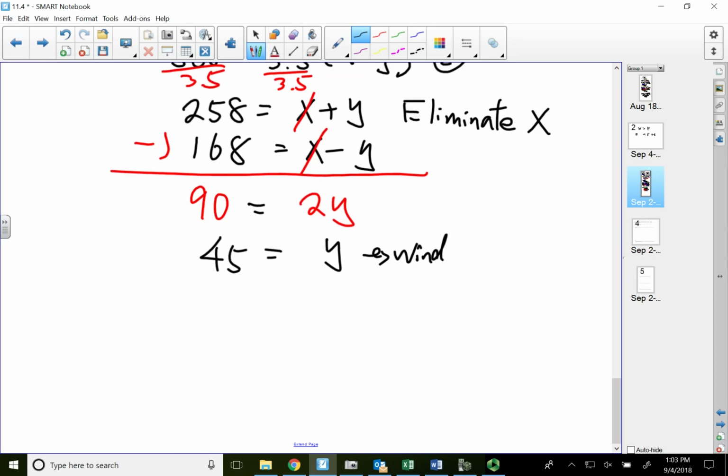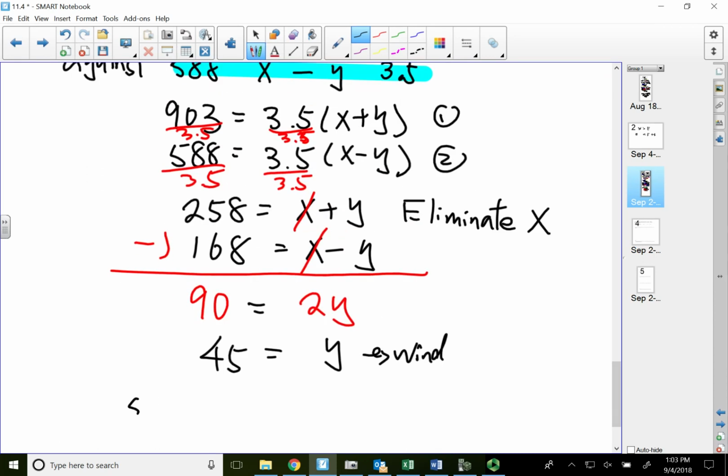All right, so let's substitute my y equals 45 back into, not the original first two, but I can use the one I simplified. I'm going to pick the first one. I'm going to call this equation 1 prime.